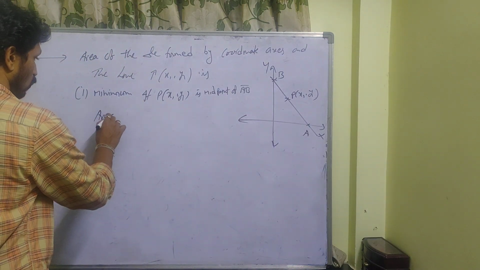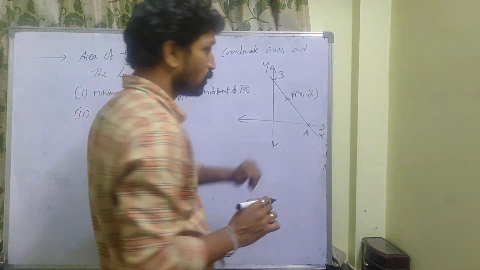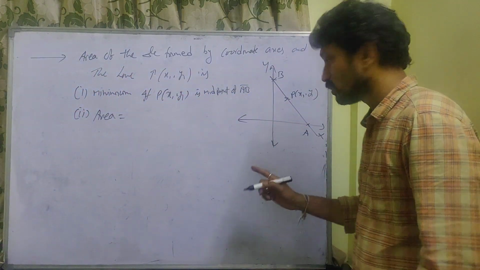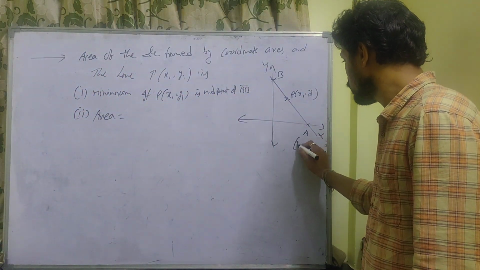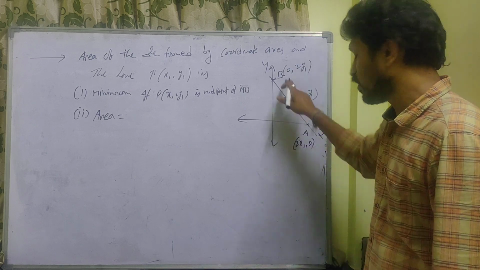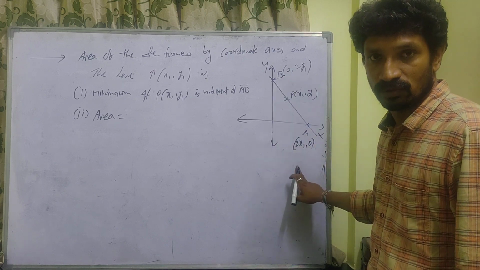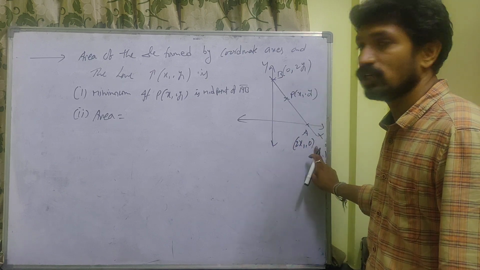And how can you find out the area? When it is the midpoint, let us take A as (2x1, 0) and B as (0, 2y1). Find the midpoint of A and B: (0 plus 2x1) by 2, that is x1, and (2y1 plus 0) by 2, that is y1.